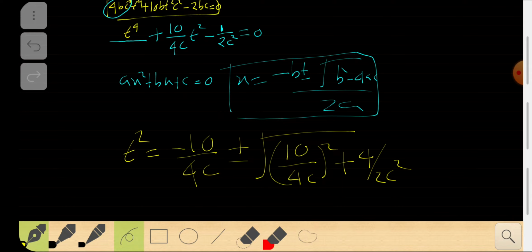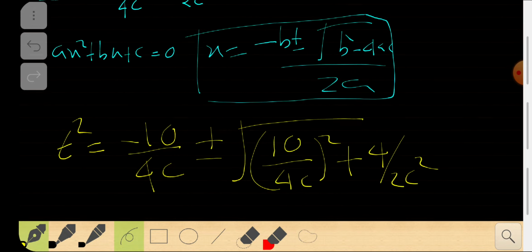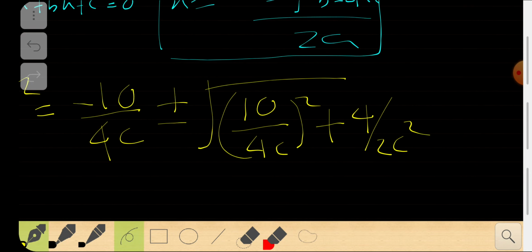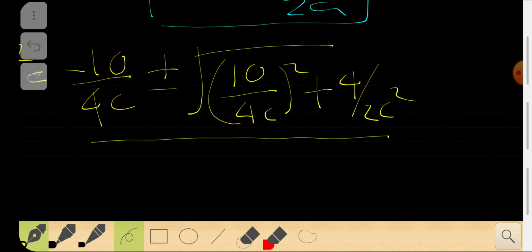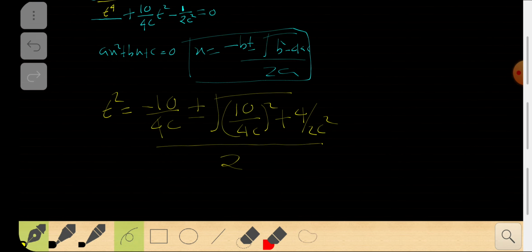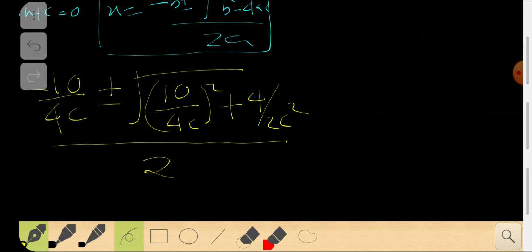For a and c, b square minus 4ac divided by 2 times a, that is 2. You got that, and it is very simple.